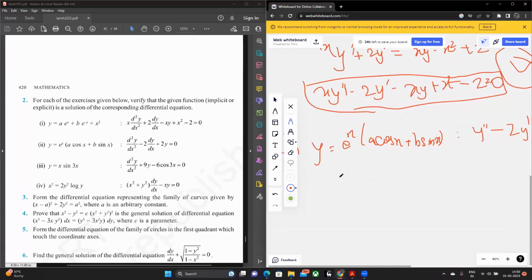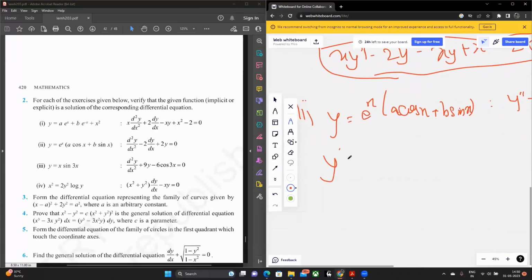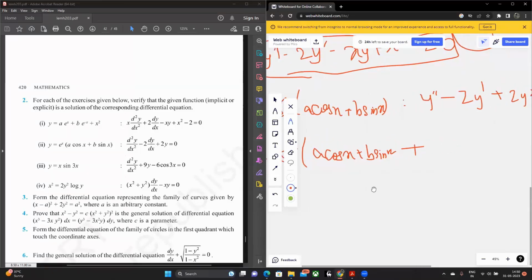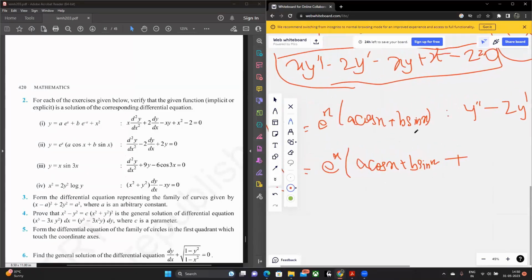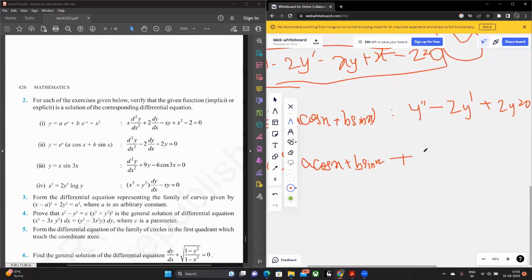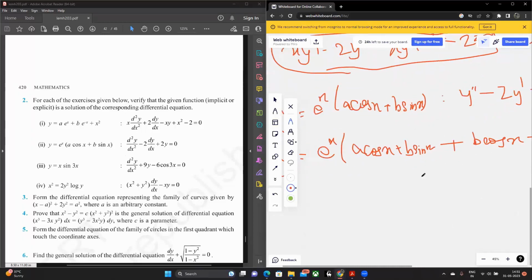Similar steps: we take the first differential. y' is e^x times (a cos x plus b sin x), plus, since e^x has the same e^x as its differential coefficient, I'm just directly taking common, not writing all the steps, e^x into the differential of a cos x plus b sin x. That is basically b cos x minus a sin x.